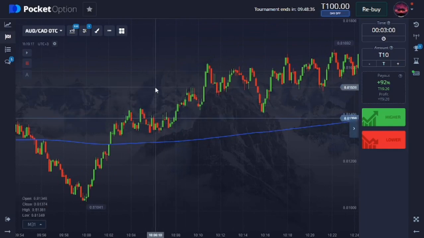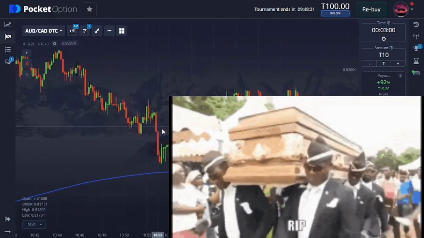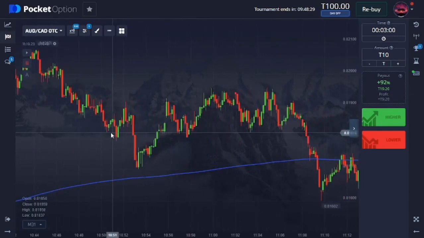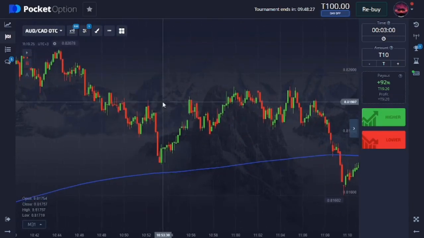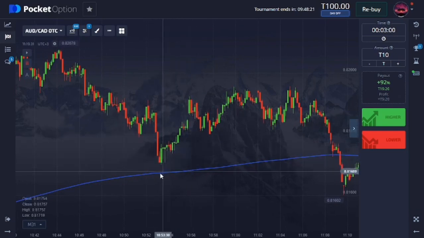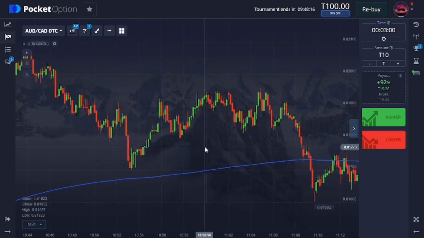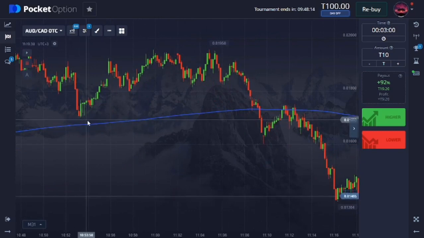Okay, we will buy, especially when there is a retest, that will be a good opportunity to get into a buy position like this one. This is like a retest. The moving average is acting as a support right here.